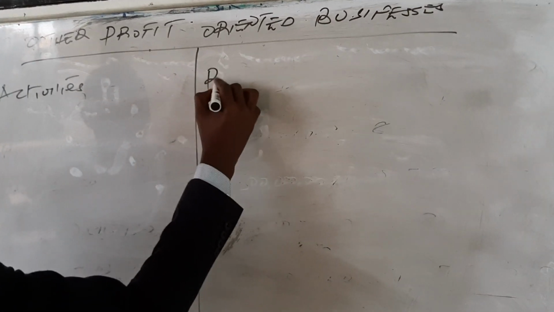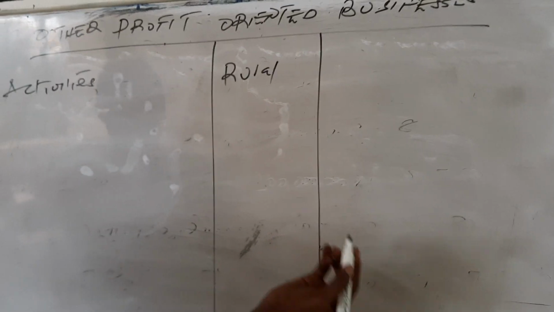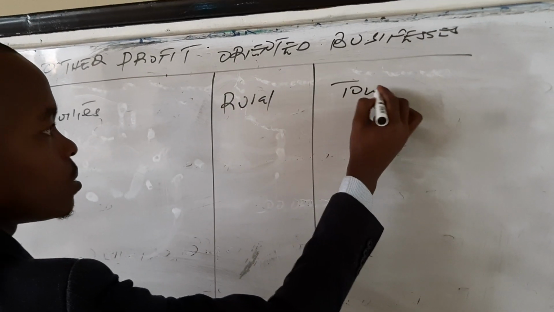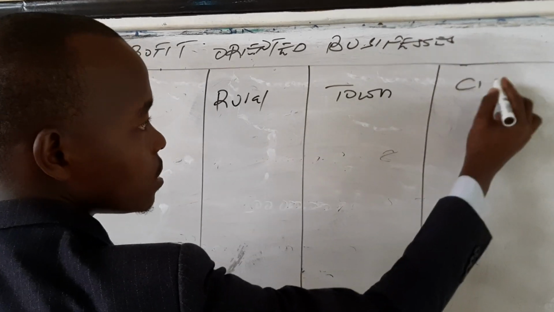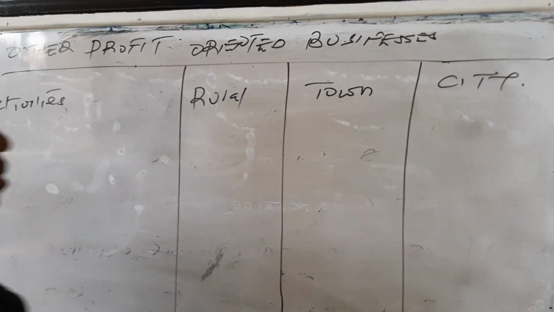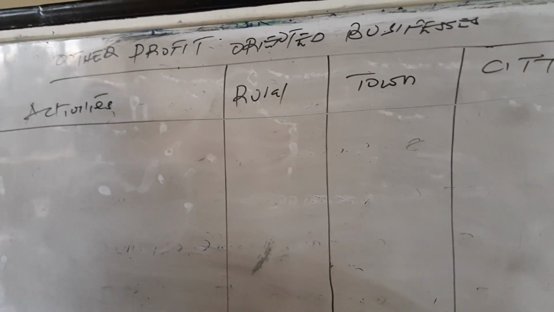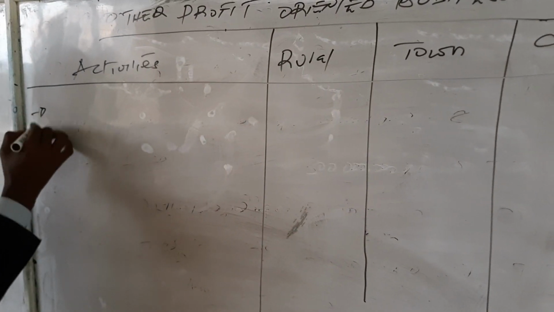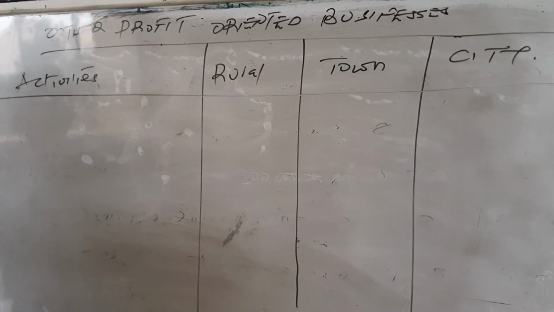We need to check whether it is in rural areas, in town, or in the city. There are different activities that can be carried out, and they are taxed based on them.